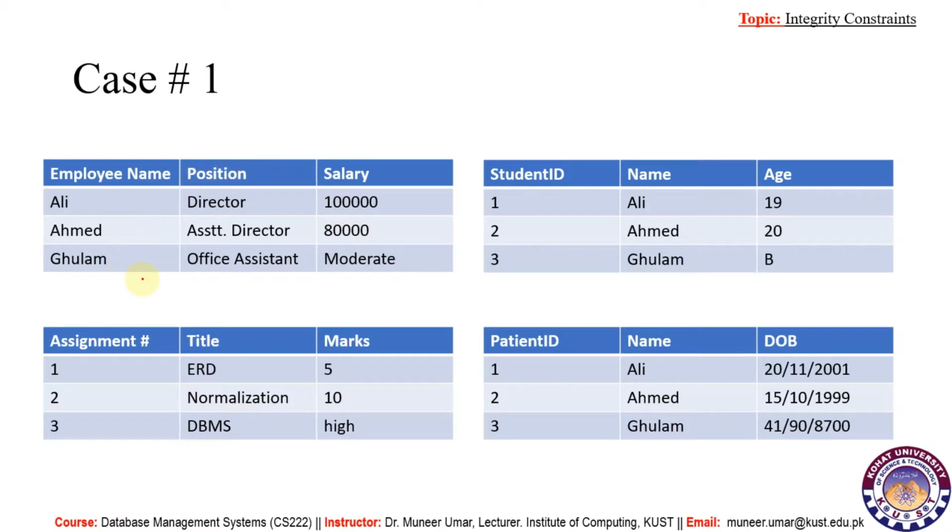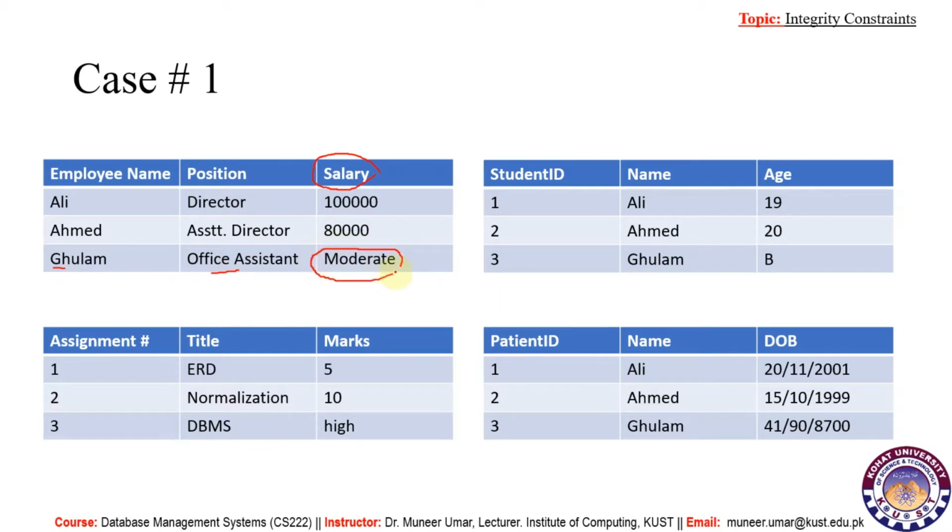in this table. Here we have the salary attribute, so it is obvious that the salary must be in decimal, or simply you can say that there should be some numerical value for salary. So if you look into the third tuple for Ghulam, office assistant, the salary is typed as moderate.